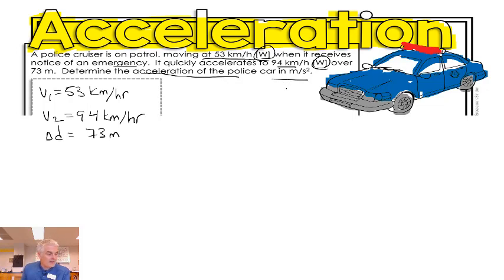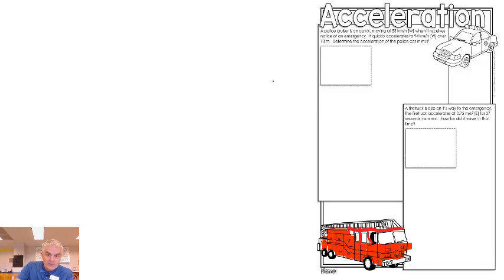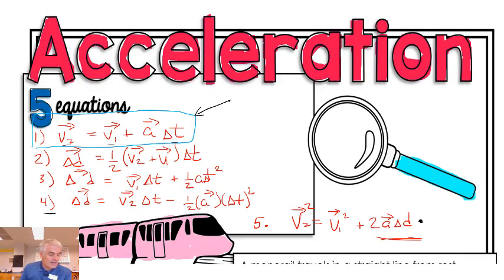So in this problem, I need to go back to my equation list. And I need to decide which one is going to be the best equation. So think about it a minute. Which one should I use? I'm going to rearrange. I'm going to use the V2 minus V1, or is this one?